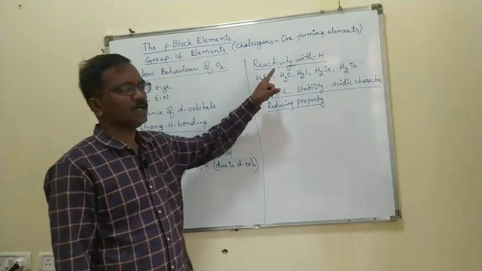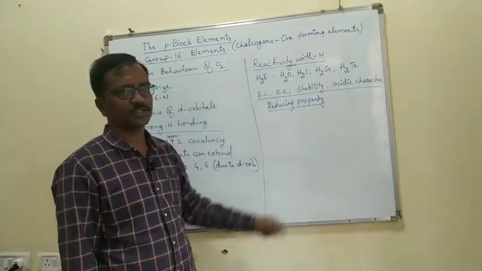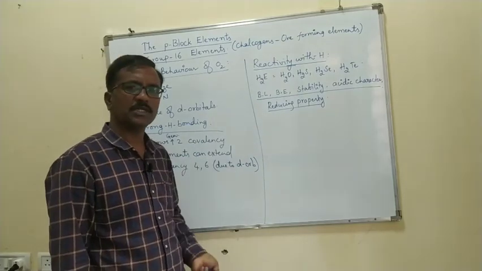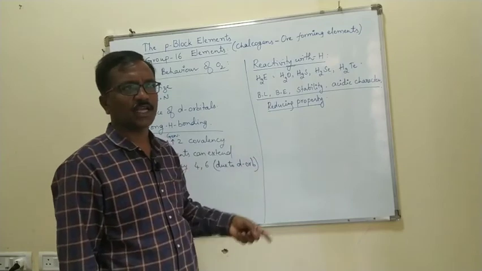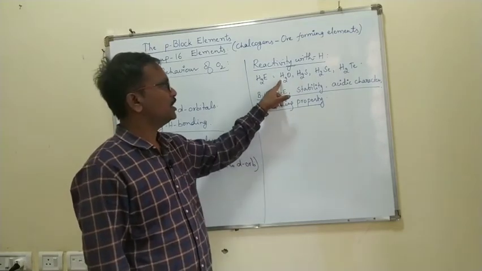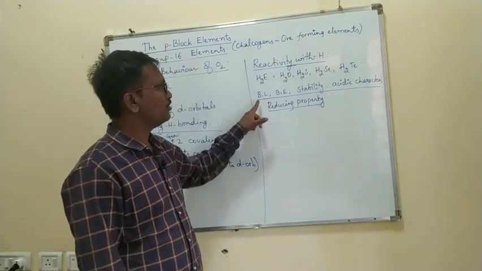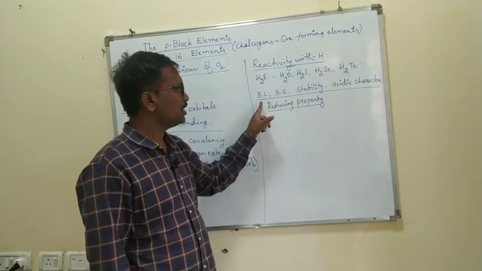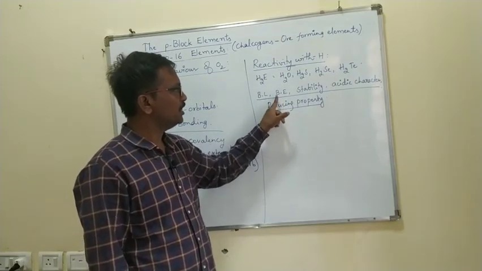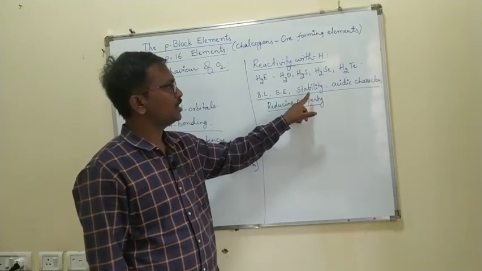So the next one is reactivity of hydrogen. How can these elements react with hydrogen? If they react with hydrogen, what are the compounds? H2O, H2S, H2Se, H2Te. In this one, we are going to study the bond length and the bond energy, and how they affect the stability.